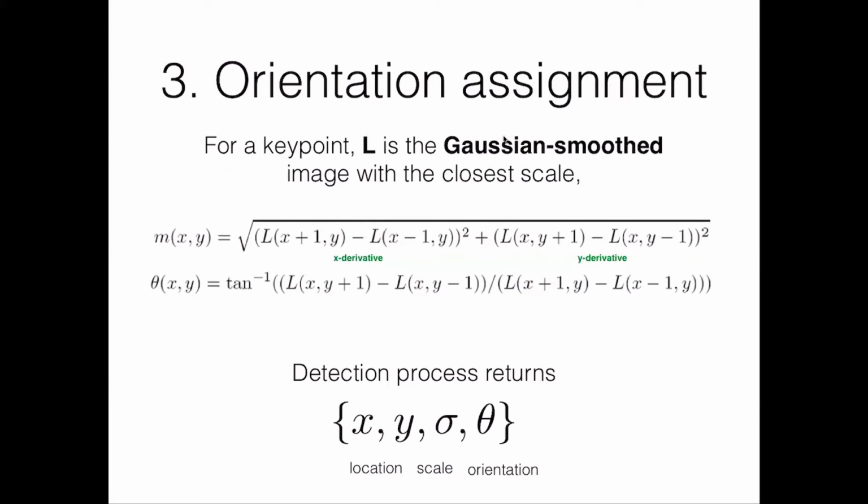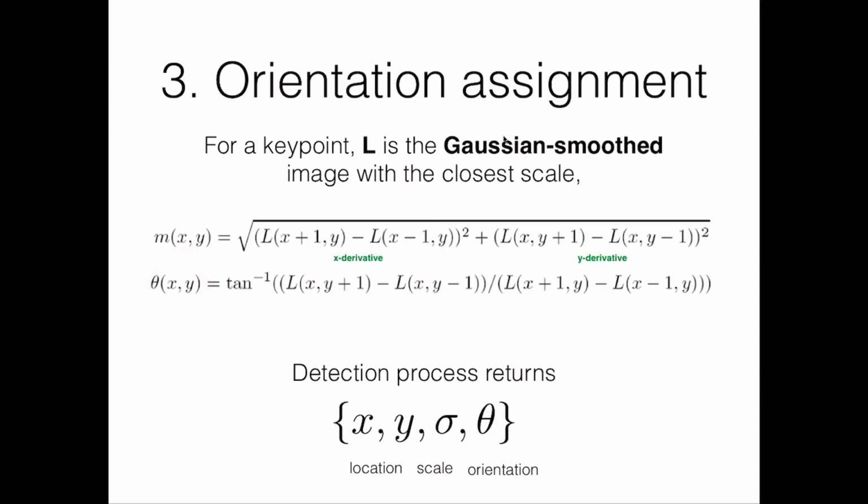When we are given a key point and the Gaussian smoothed image, we can compute the magnitude at that particular point. If you have an image and a point somewhere here, you consider the neighbors x plus 1, y and x minus 1, y, and also the points from the other side. You can also compute the angle between them.